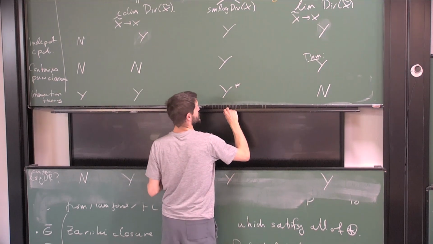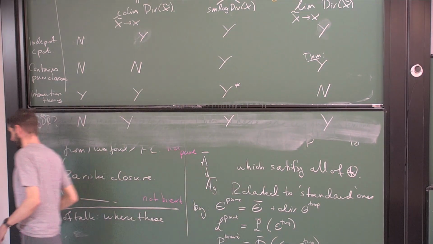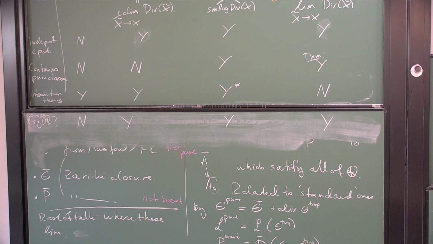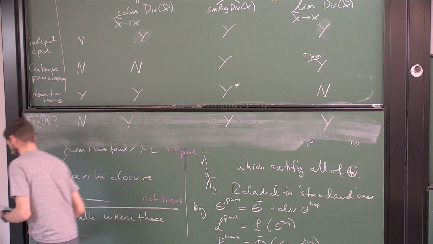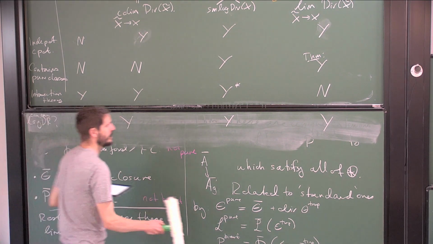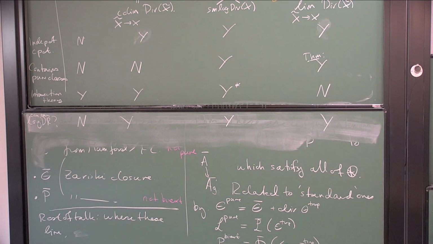So what do I mean by completion? So I have to tell you when a log Monroe divisor is small. I feel like I've never made quite as much of a mess of this as I am today.